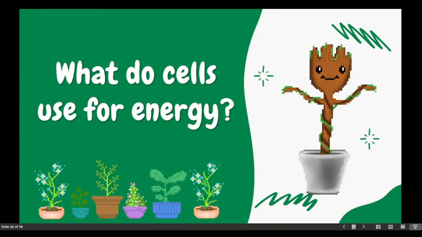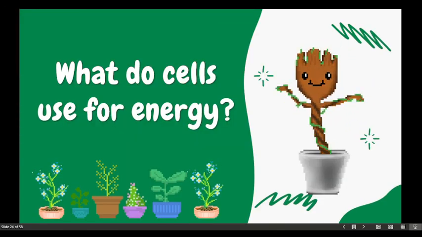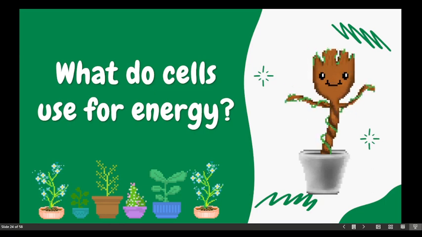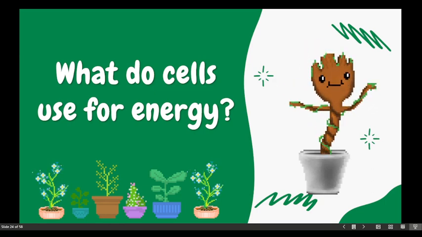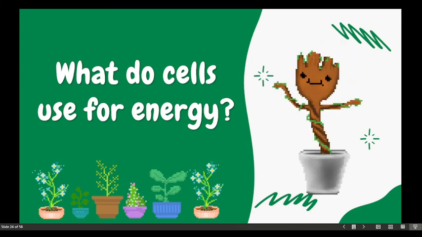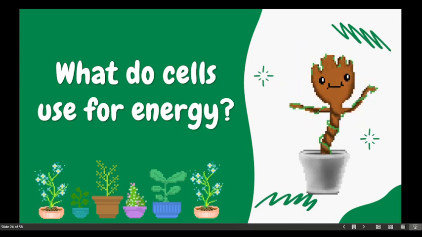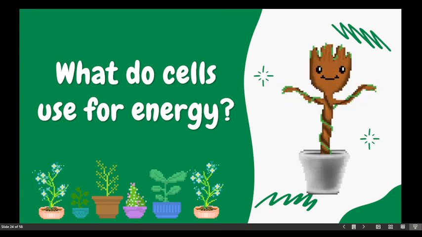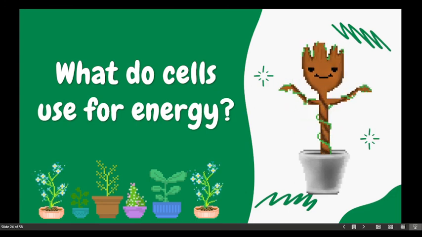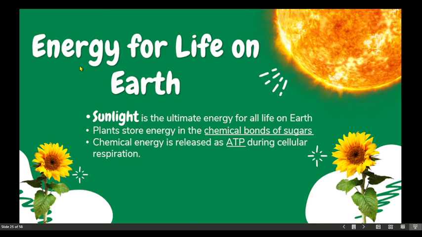Now, what do cells use for energy? If you can remember, I said earlier that photosynthesis is a process where plants make their own food, so they have the energy to continue to survive and to exist. What do cells use for energy? Energy for life on Earth. Sunlight is the ultimate energy for all life on Earth.